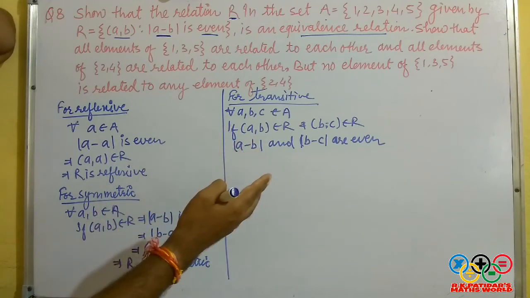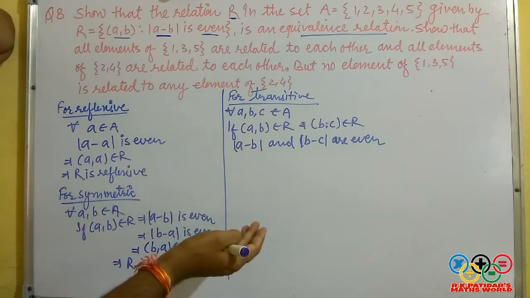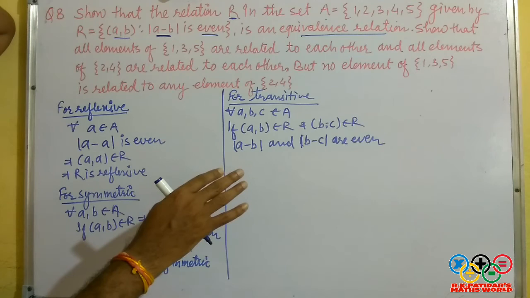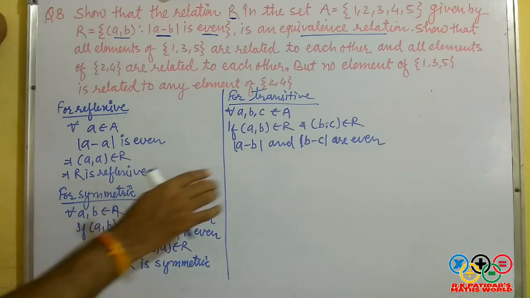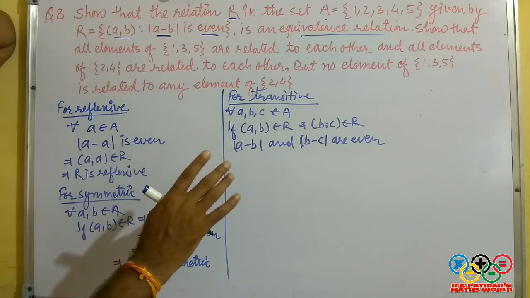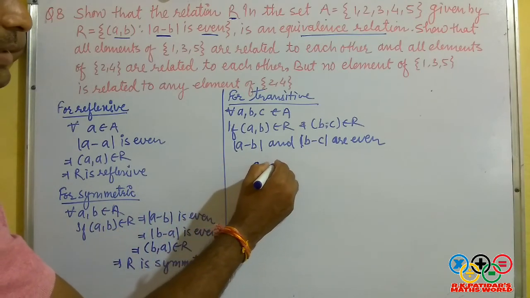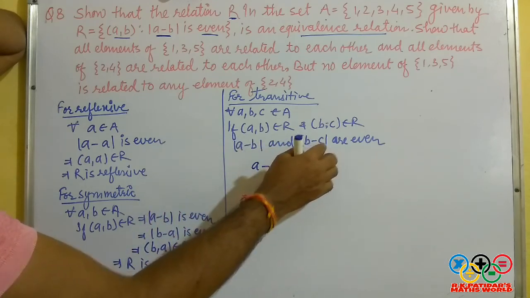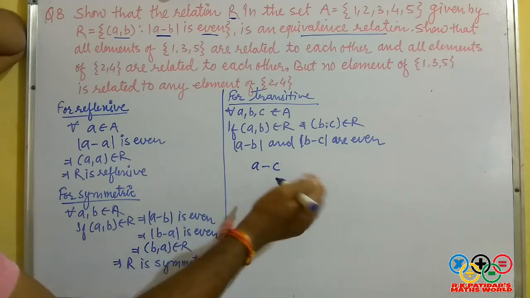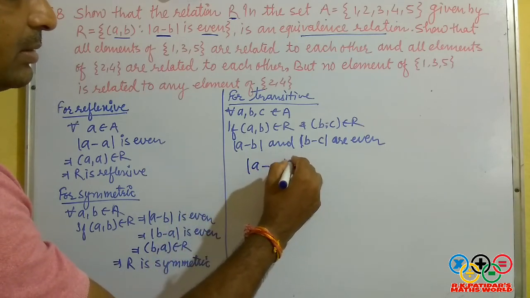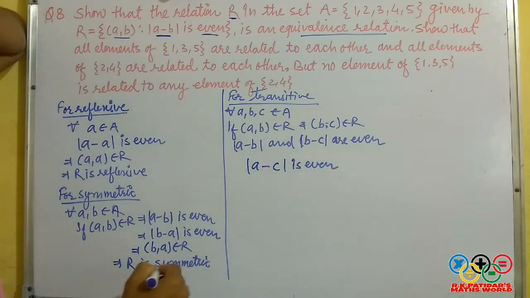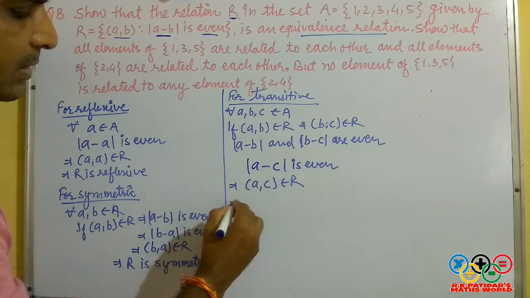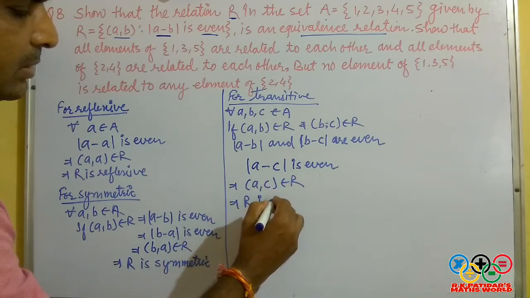The difference of two even numbers is even and the difference of two odd numbers is even. The difference of one even and one odd number is not even. So when will we get an even number? The difference of two numbers is even when either both are even or both are odd. So what about a minus c? If a is even then b is also even, and if b is even then c is also even. So a minus c will also be even. So mod of a minus c is even, and that means (a, c) belongs to R. This implies R is transitive.